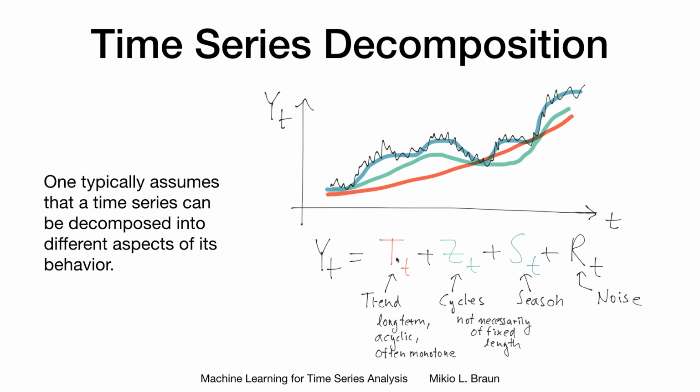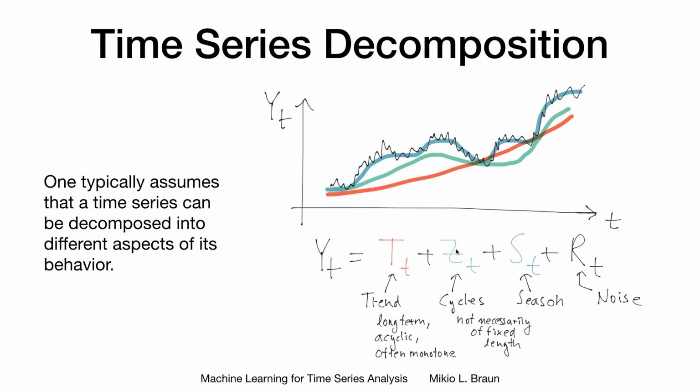You usually assume that you have some general trend, which is very long-term, moving very slowly, and often you also assume that it's monotone, so it either always goes up at different speeds or always goes down. This could be, for example, due to economic growth. So over time, you just assume that everything becomes larger and larger.